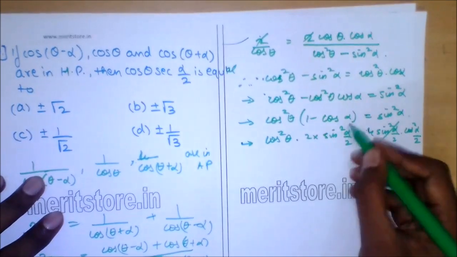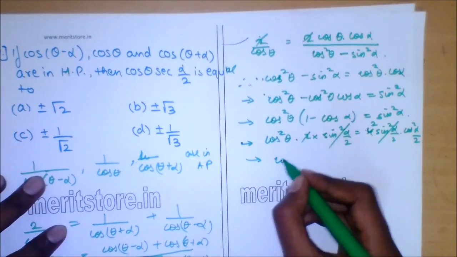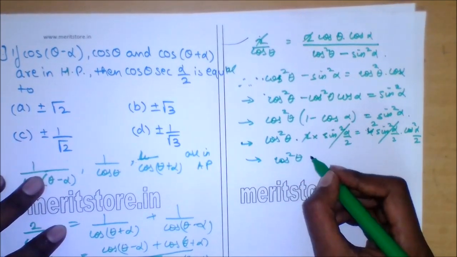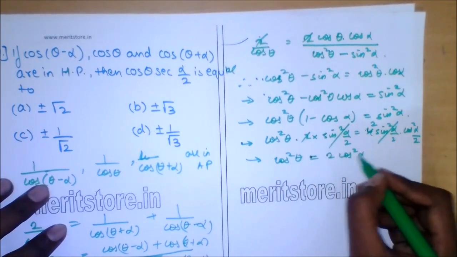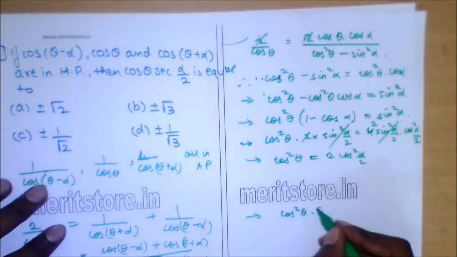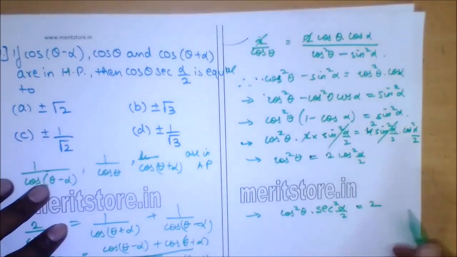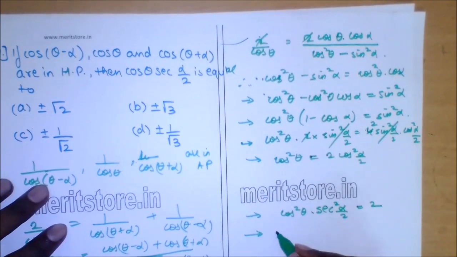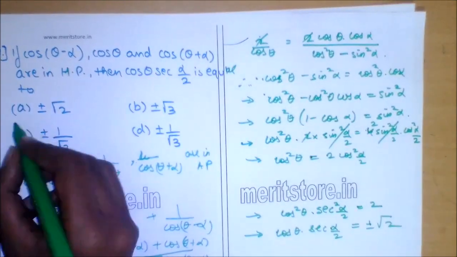So sin square alpha by 2 gets cancelled, 2 gets cancelled, so we are left with cos square theta equals 2 into cos square alpha by 2, that is cos square theta into sec square alpha by 2 equals 2. Taking roots on both sides, we get cos theta sec alpha by 2 is plus or minus root 2, which is option A.